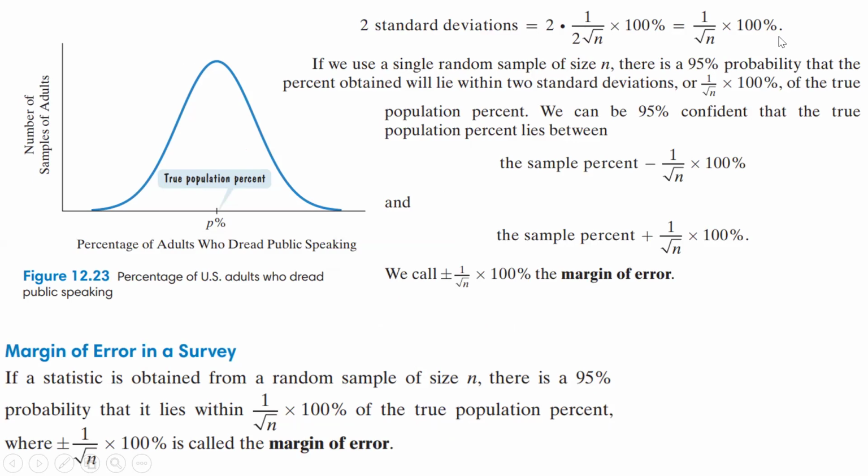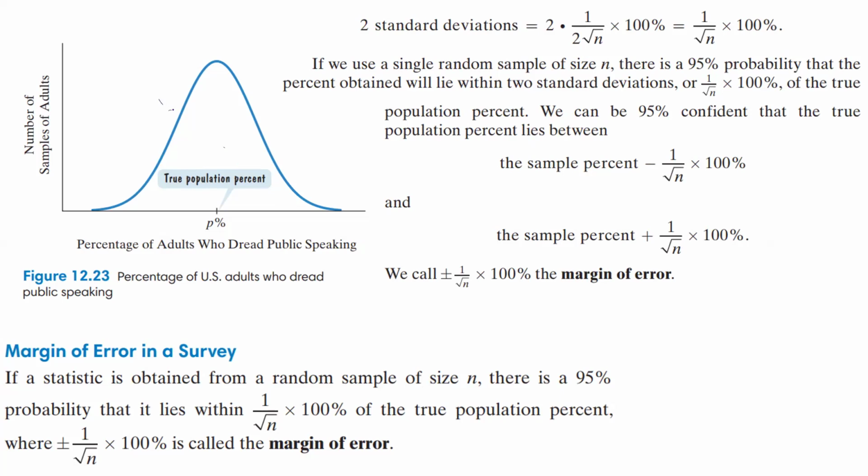Now, if we use a single random sample of size n, there's a 95% probability that the percent obtained will lie within 2 standard deviations, or 1 over the square root of n times 100%, of the true population percent. So we can be 95% confident the true population percent lies between minus or plus 1 over the square root of n.